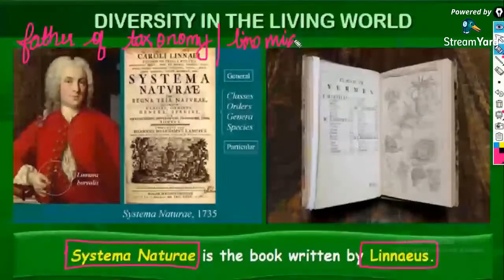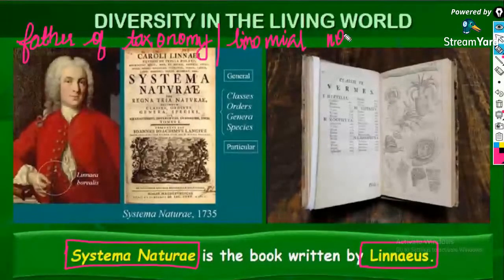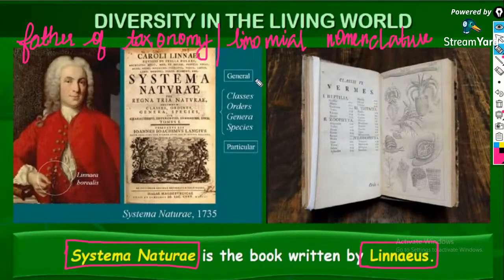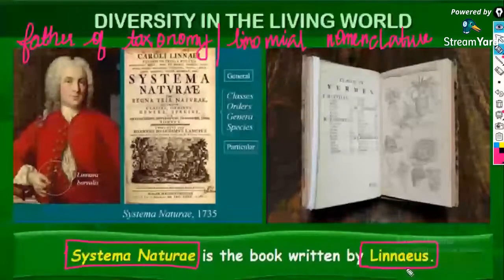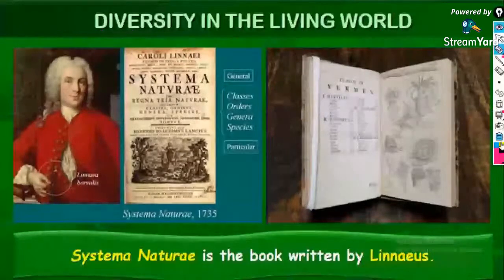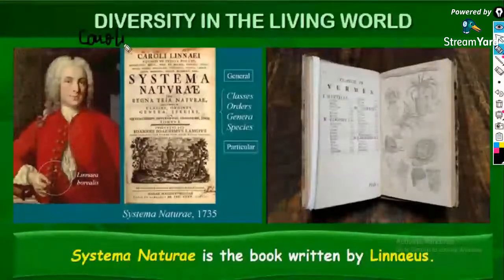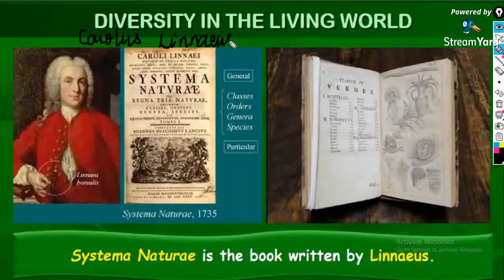So, Systema Naturae is a book written by Carl Linnaeus. You have to note the spelling of the particular term. It is Carolus Linnaeus. Look at the spelling, Carolus.